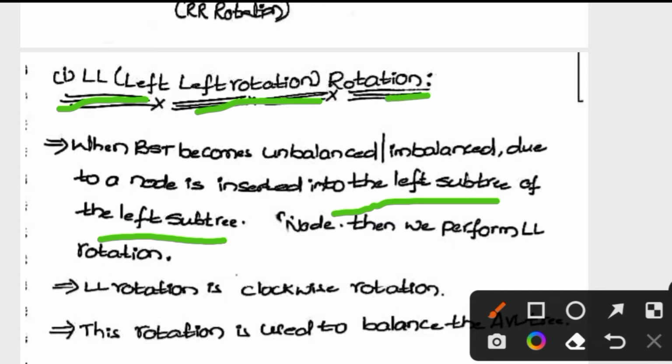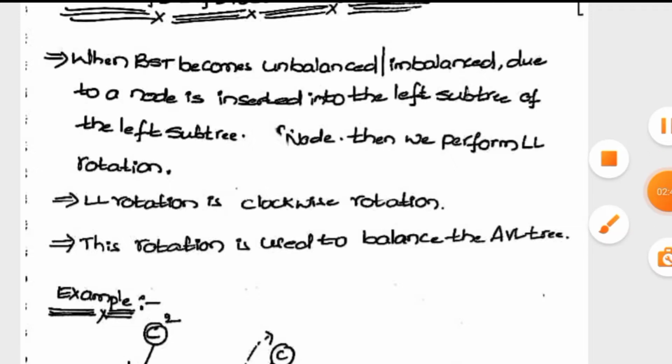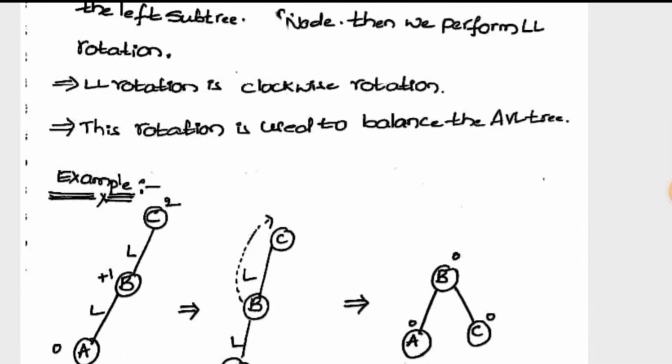The LL rotation is a clockwise rotation, and it is used to make the tree a balanced binary search tree. Let's see with an example how we can perform the left rotation.